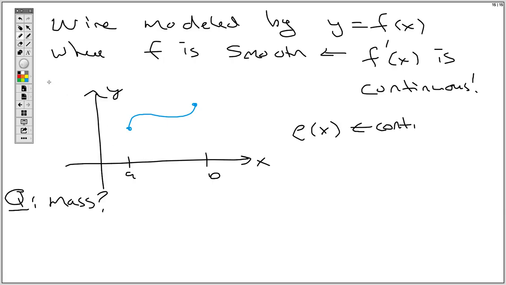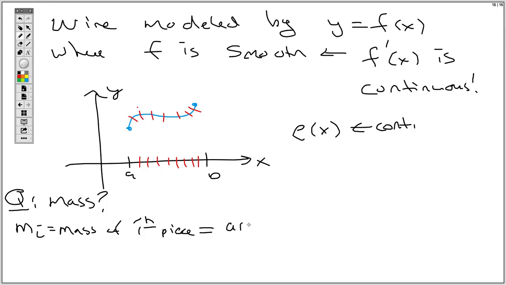Well, what would we do? It's what we always do. We would chop up the inputs here. The old chop and add technique. So if we let m sub i be the mass of the ith piece, well, the mass of the ith piece here is a portion of the curve, so that's an arc length.